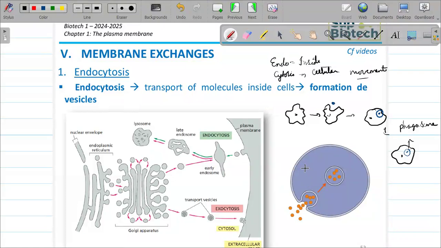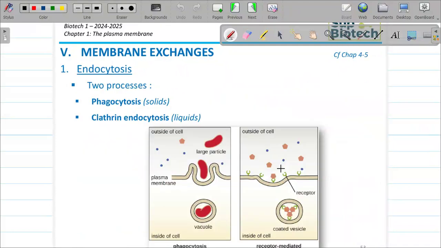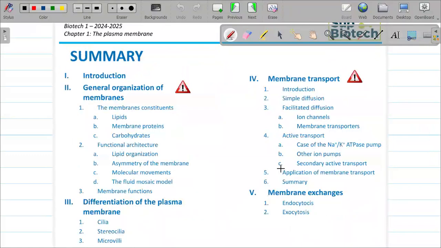Exo means the same particle is thrown out. It's a process where the digestive particles are thrown out. This process is called exocytosis. So we have endocytosis and exocytosis, and I'll be discussing another one a little later about exocytosis and further molecular mechanism.